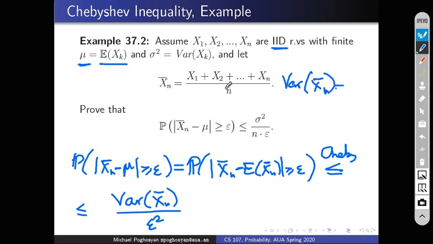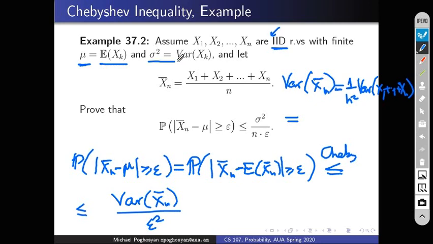I am taking out that 1 over n; a constant comes out of the variance squared, so I will have 1 over n squared times the variance of the sum X1 plus etc. plus Xn. Now, because the Xk's are independent, here I am using independence, the variance of the sum is the sum of variances: variance of X1 plus variance of X2 plus etc. variance of Xn.